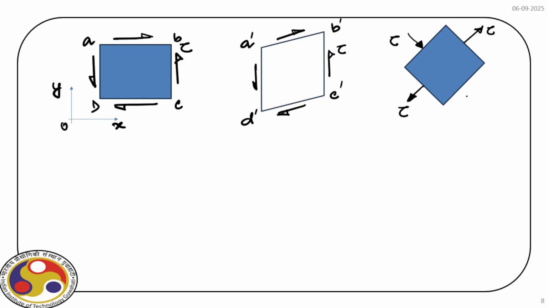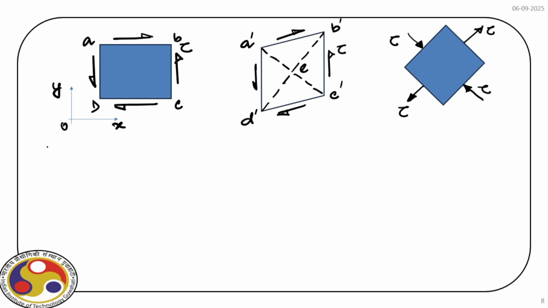So tau, and here one is tension, another is compression. And if you look at this diagonal, one diagonal is extended and another diagonal is contracted. Now this point, if you say E, then we can quantify this elongation along the diagonal, right?